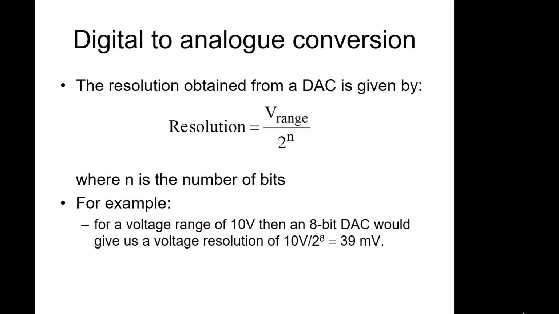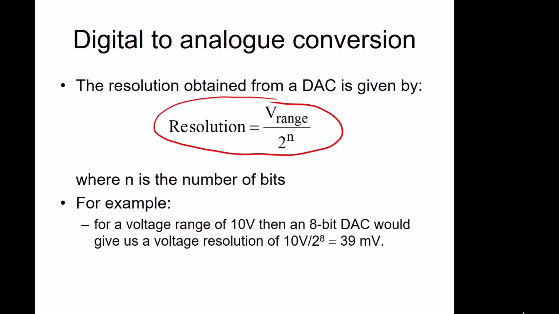The other process we need to consider is digital to analog conversion. We'll have a digital value in our microcontroller and we need to produce an analog signal out of this. We've got a resolution limit on the output given by the range of our output, for example 0 to 10 volts, and the number of bits that we're using for this process.